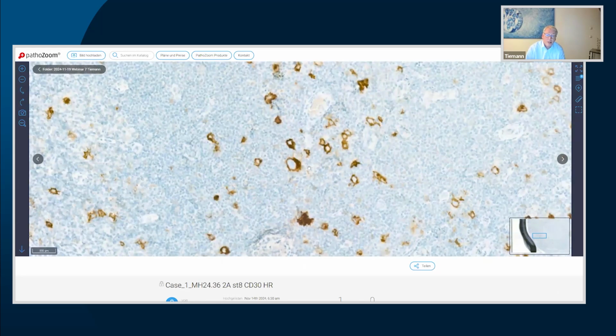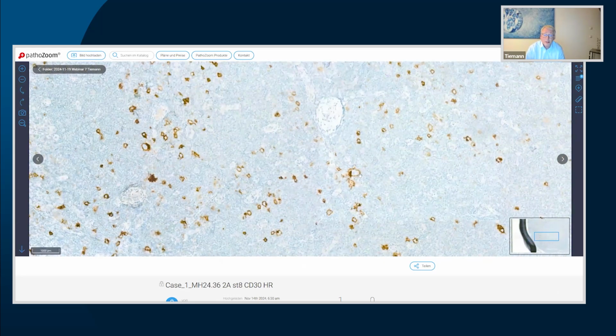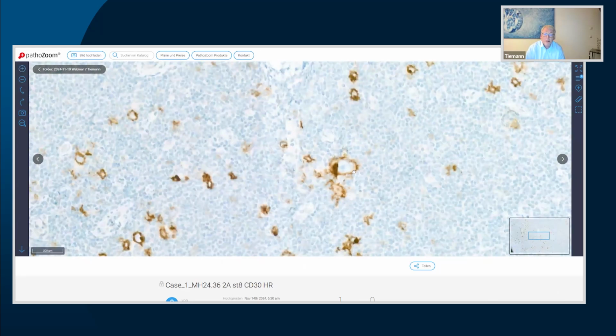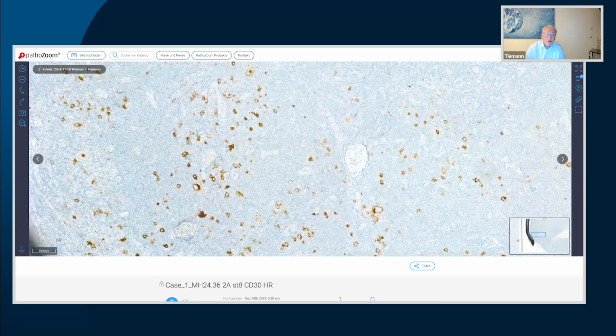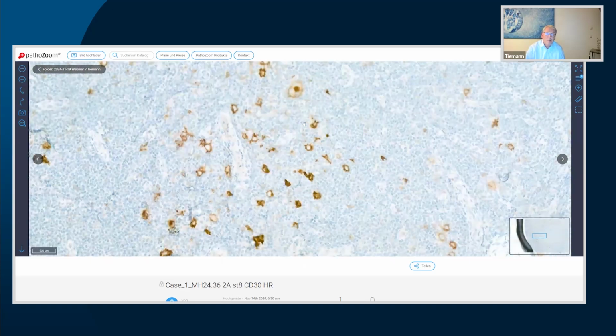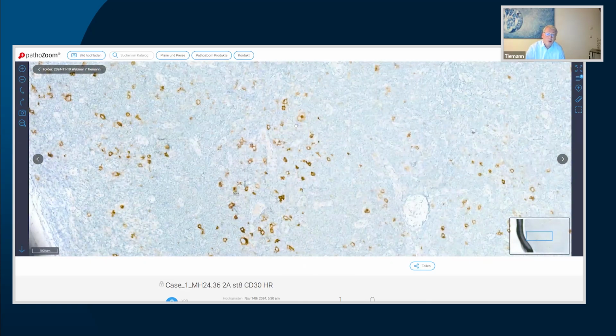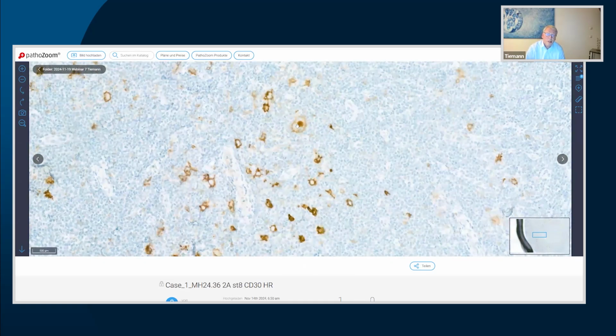Larger cells, sometimes binucleated, an example here, and some smaller Hodgkin cells, but most, this is also a Reed-Sternberg cell with a large Golgi area, the Golgi field filled up with CD30 antibody, CD30 antigen.